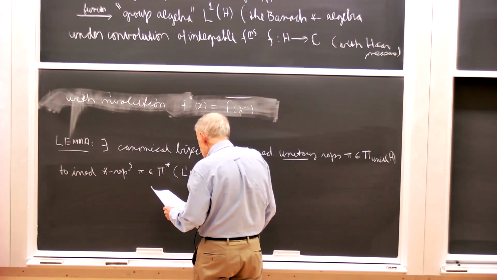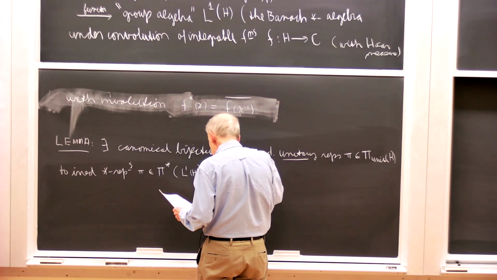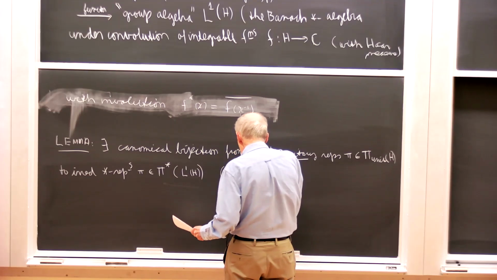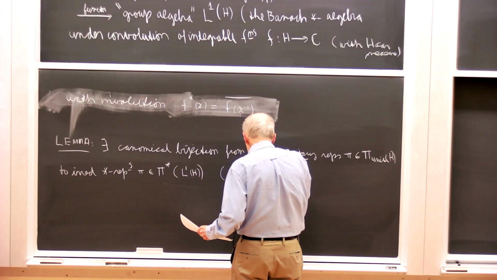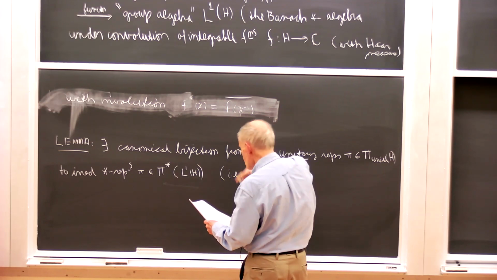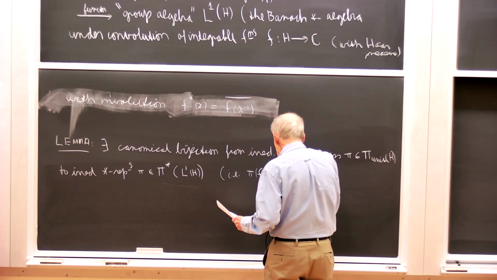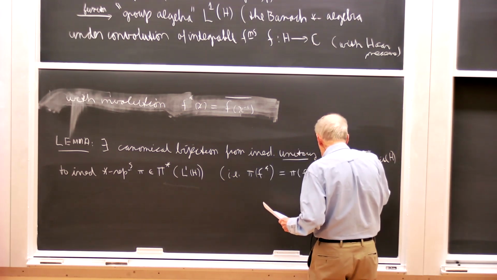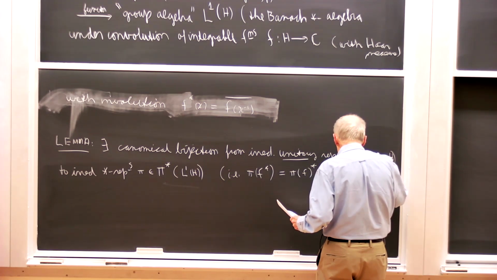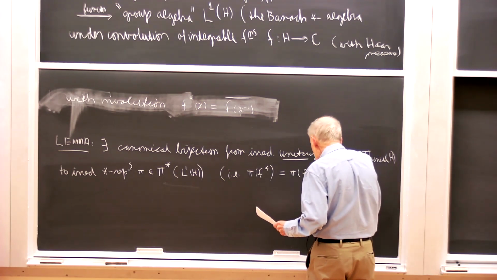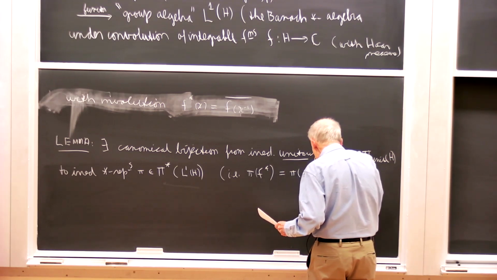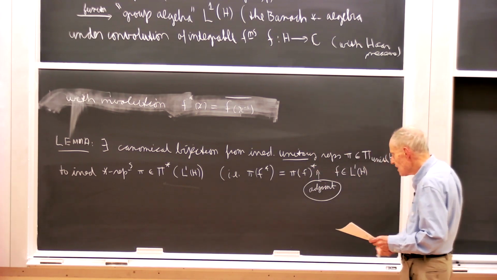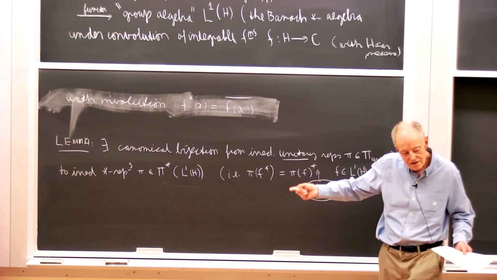So in other words, what do I mean here? I mean that pi of f star, f star being this involution here, is equal to pi of f star, the adjoint operator, for f in L1 of H. Pi acts on a Hilbert space.